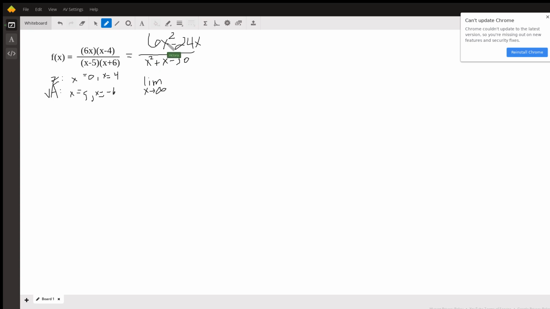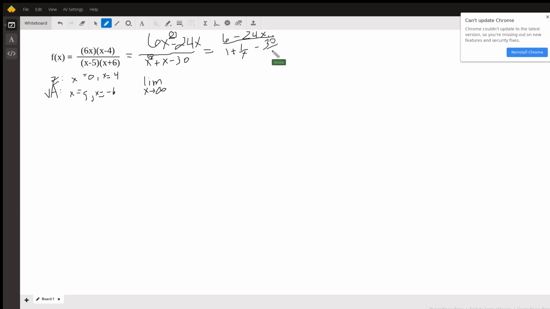When you have a polynomial on top of degree 2 and a polynomial on the bottom of the same degree, you divide everything by x squared. So this becomes 6 minus 24 over x, and on the bottom, this becomes 1 plus 1 over x minus 30 over x squared.